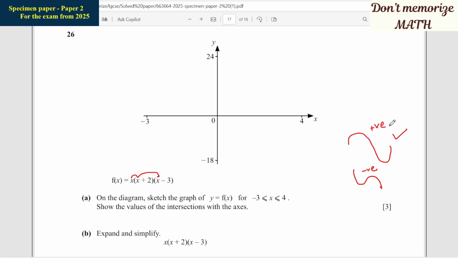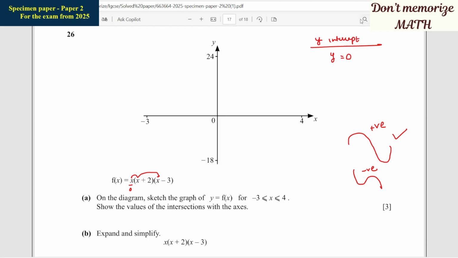Now we have to find the y-intercept. How to find the y-intercept? Y-intercept means x must be equal to 0. So here 0 times whatever it is, the answer will be 0. So the y-intercept will be 0.